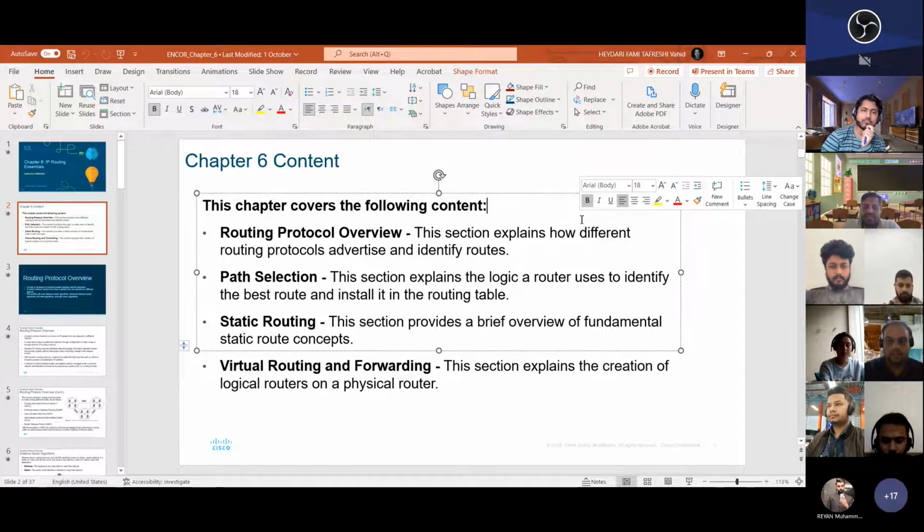This is something to discuss now. And then the best path itself is going to be selected and installed in a table known as the routing table. And this is how routers operate. They consult the routing table and then they send their packets accordingly.